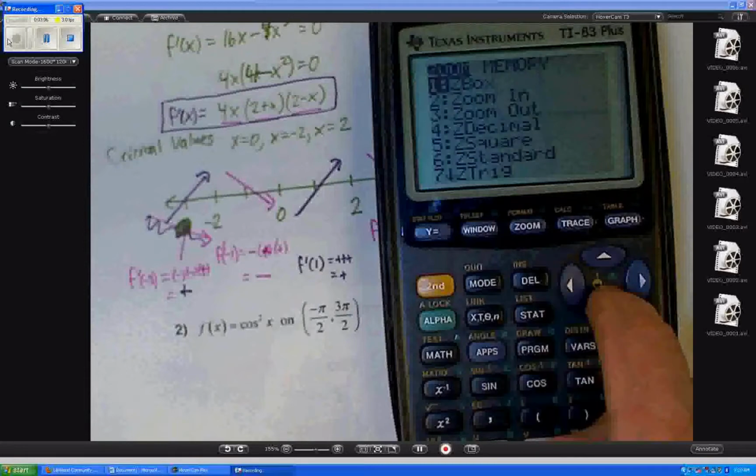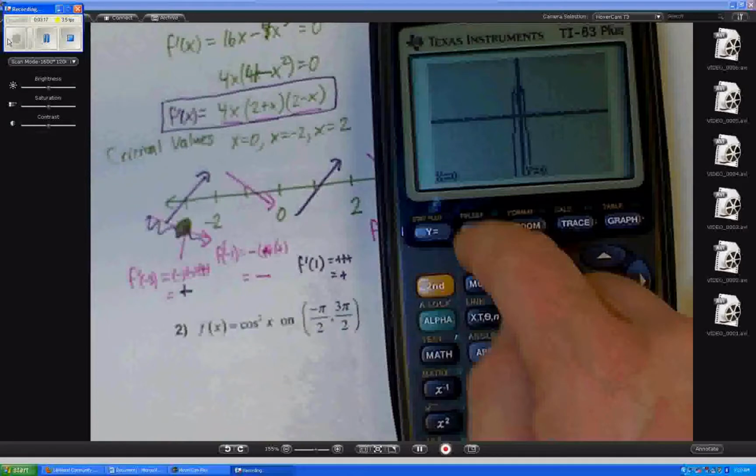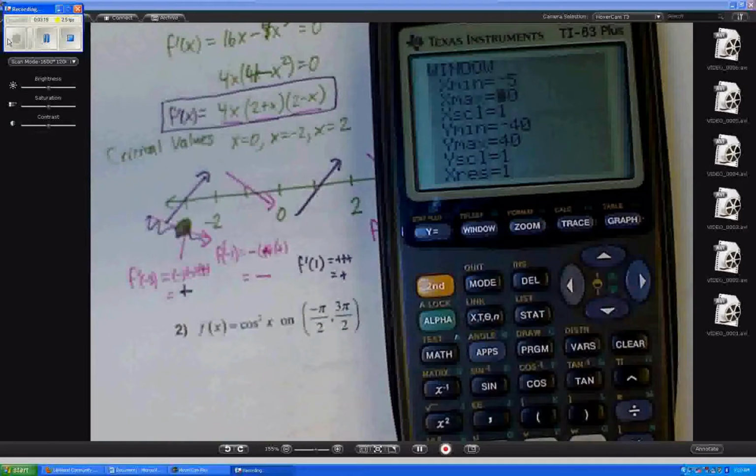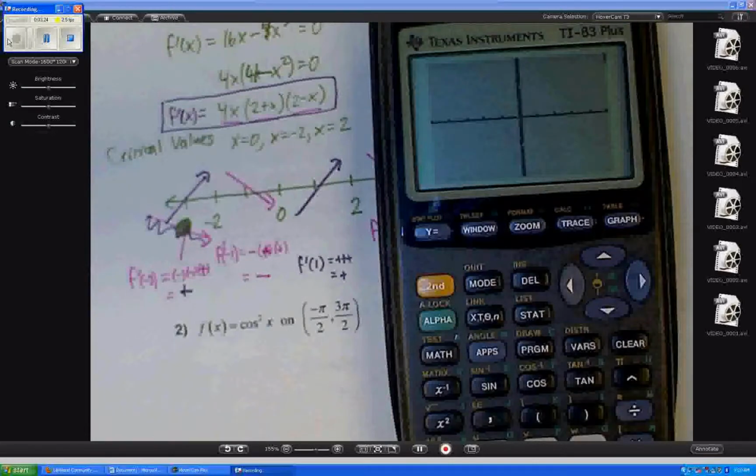Sometimes you have to play with the window a little bit to get it, okay? -5 and 5. -30 and 30. Let's take a look at that. They have a choice called zoom fit you can do, okay, which also might give you a pretty good curve. Yeah, that worked out nice.